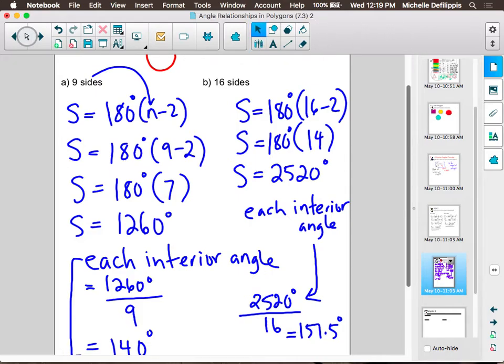Okay, so not so bad here. So if you could guess, I made you plug in the values for n to find the sum or to find each interior angle.